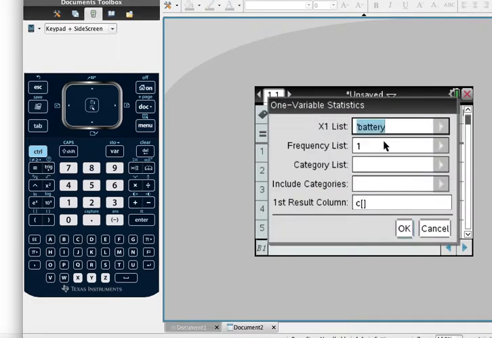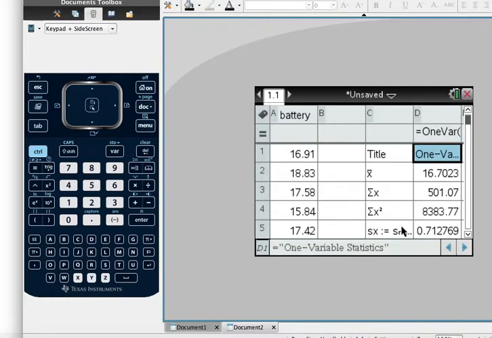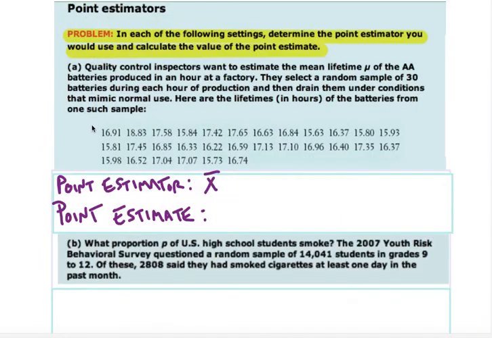I called it battery. Hit OK. There's your X bar right there. So 16.7, and I'm going to write it over here. And then what are the units on that? Well, we're talking about the lifetime of the battery in hours.